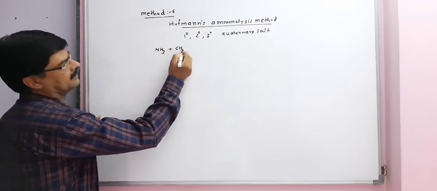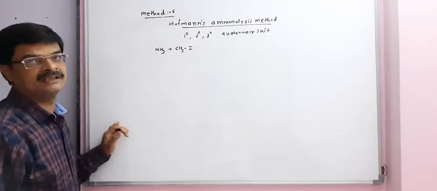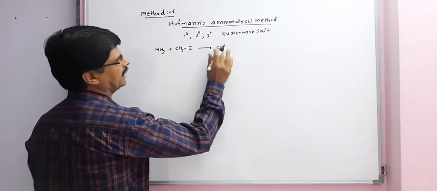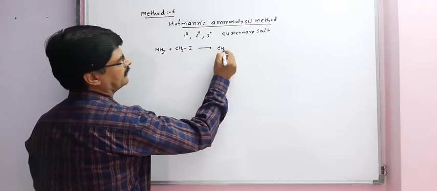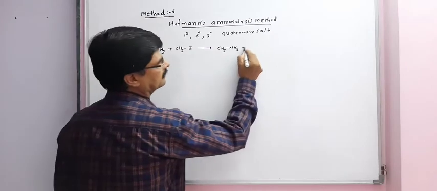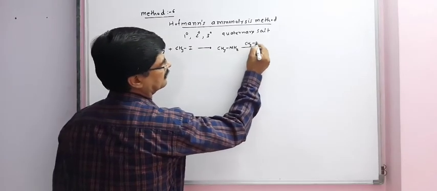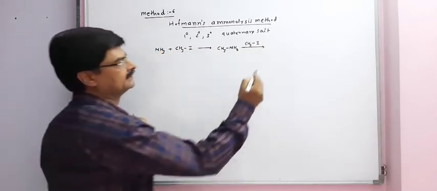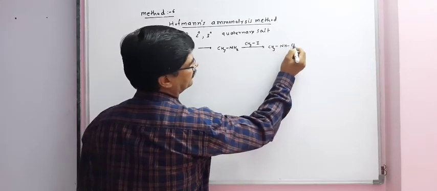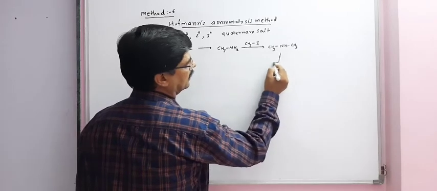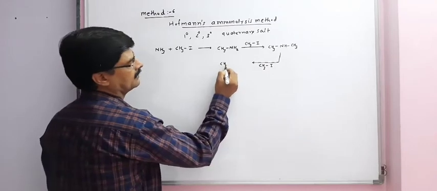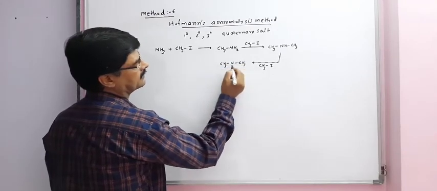NH3 plus an alkyl halide, say methyl iodide, reacts and gives CH3NH2, methyl amine. Again with CH3I it gives CH3NHCH3. Again on reaction with CH3I, (CH3)3N.